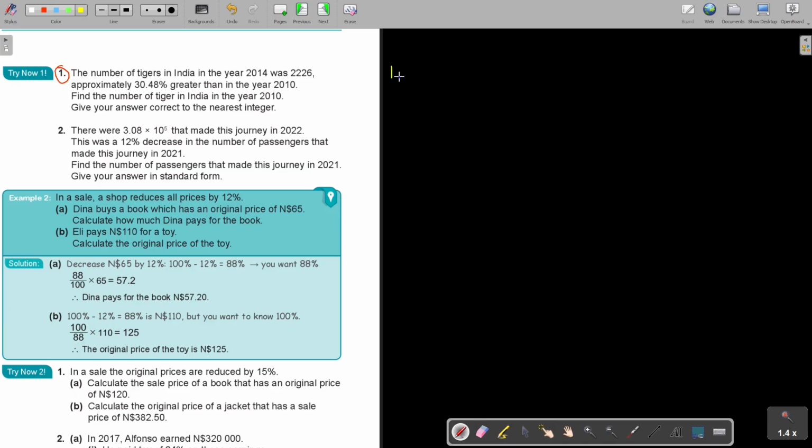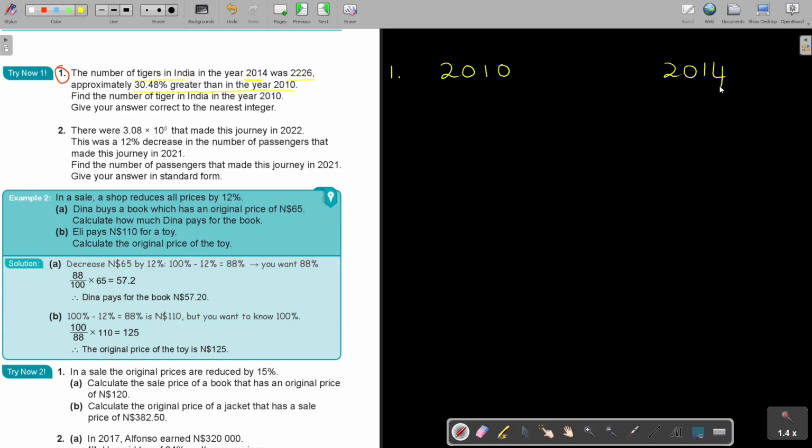Number 1. The number of tigers in India in the year 2014 was 226, approximately 30.4% greater than in the year 2010. Now, you can always do it like this. It's 2010, then I move on to 2014.